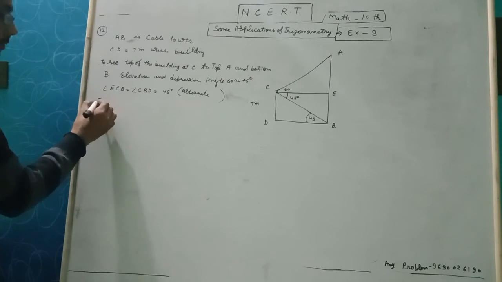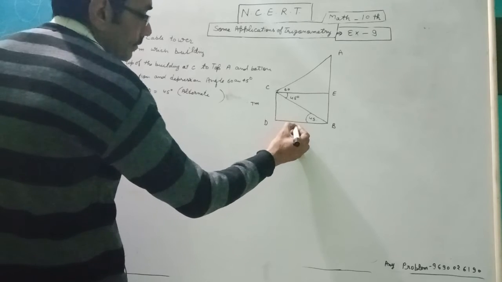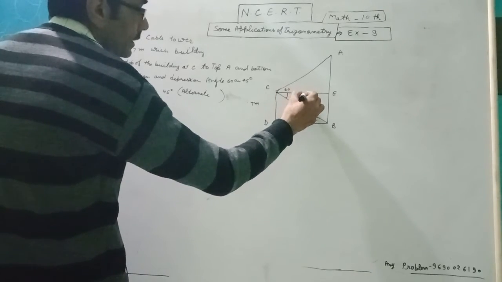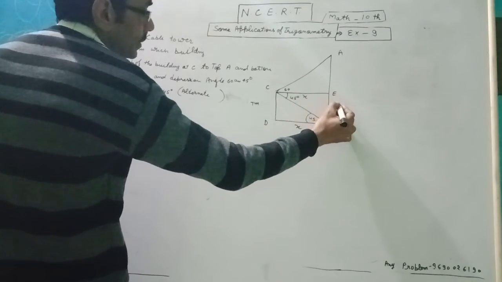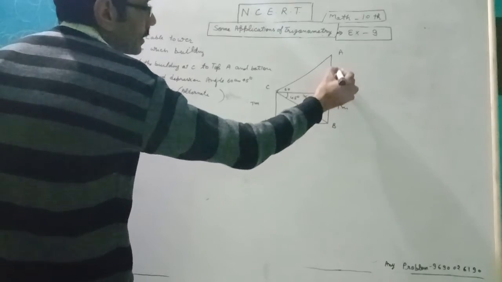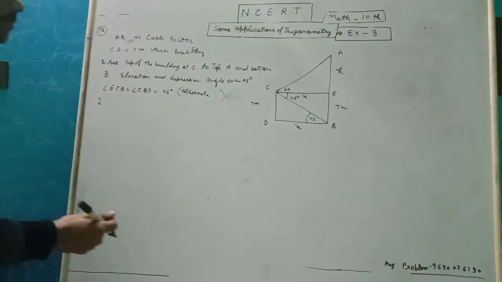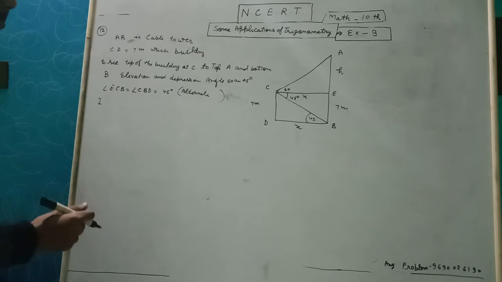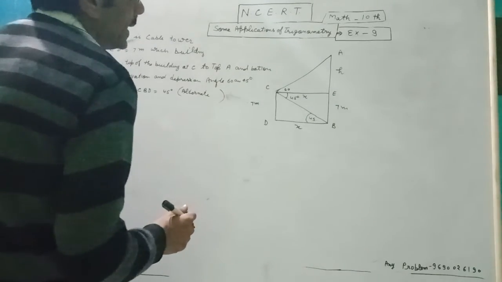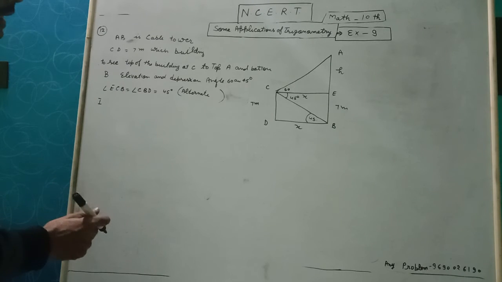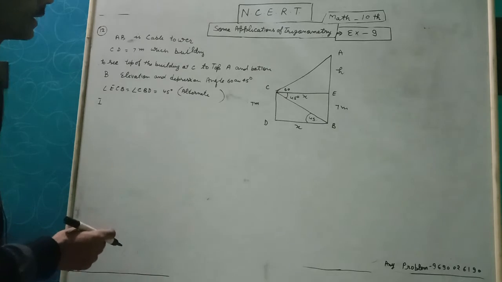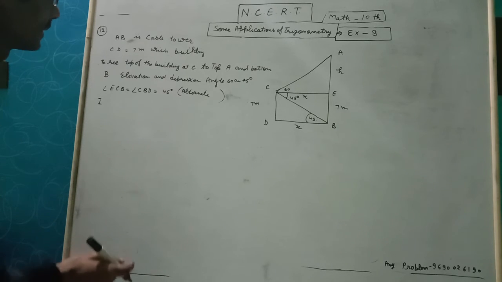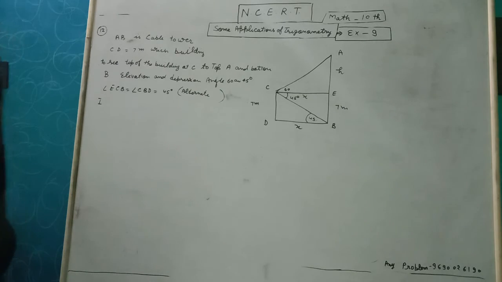In triangle, let BD be X, then CE is equal to X, CD equal to 7 meter. AE is equal to H. At first find the value of H, then plus 7 to H, we find the height of the cable tower.